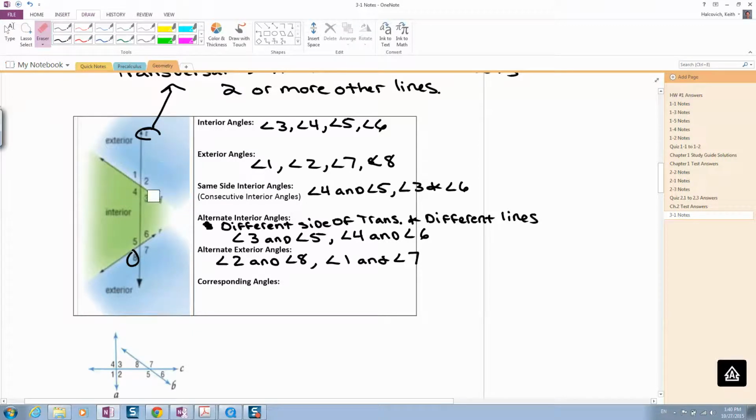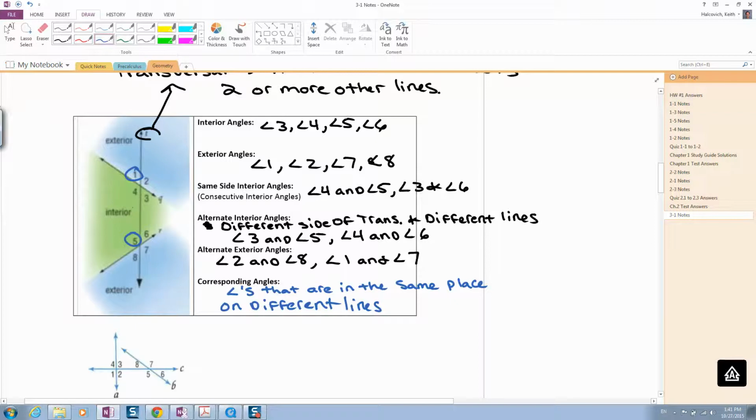Then corresponding angles. Corresponding angles are angles that are in the same place on different lines. So they're in exactly the same spot, just on a different line. So for example, angle 1 and angle 5 are in the same spot.